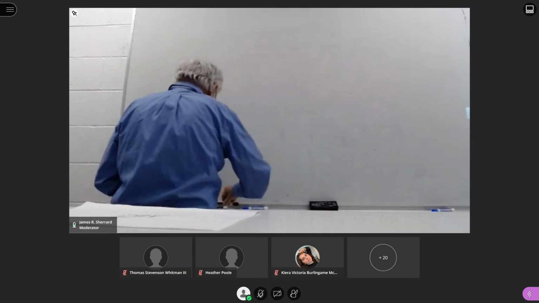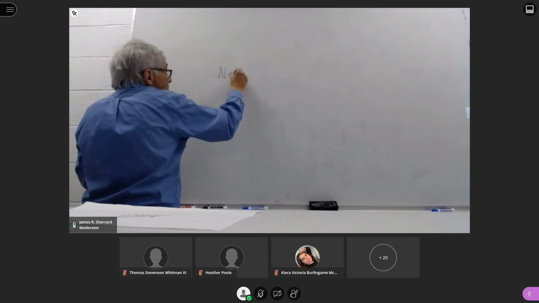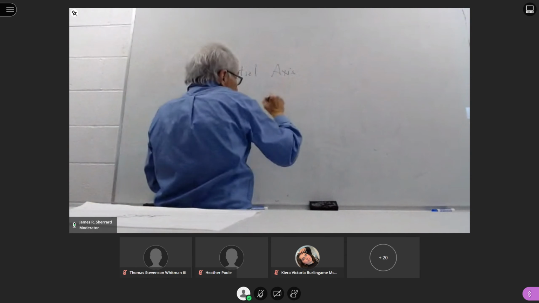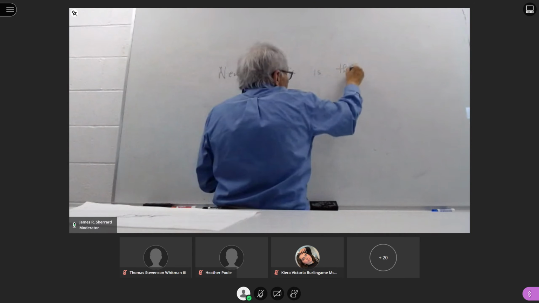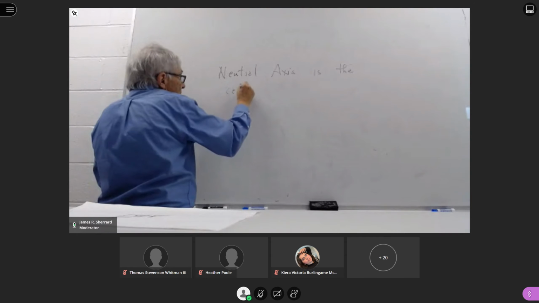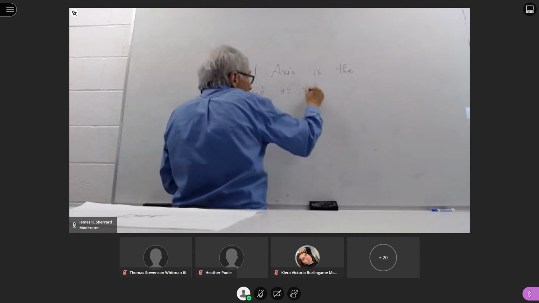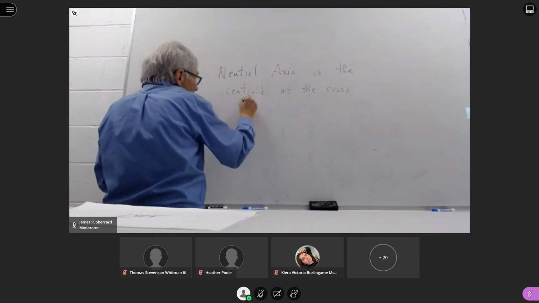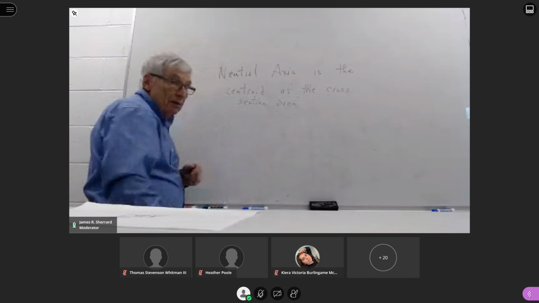So the neutral axis is the centroid of the cross section area.